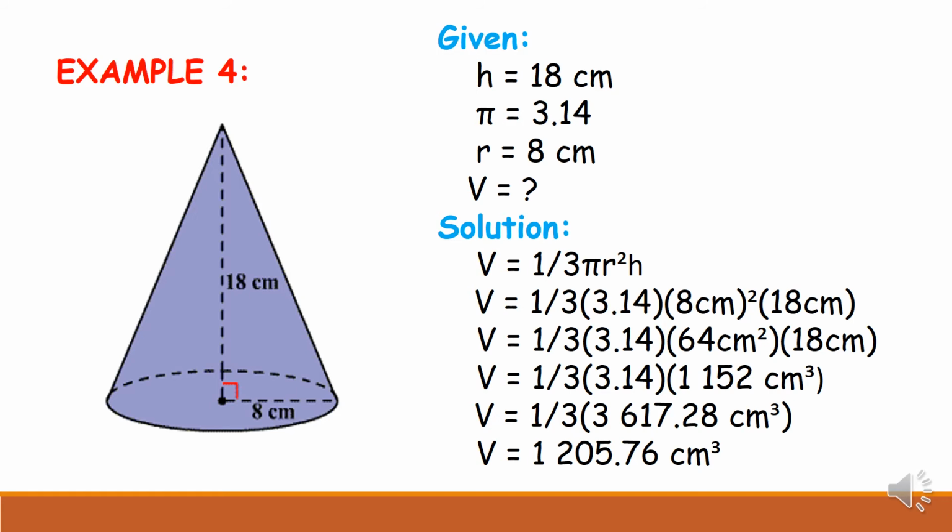So we have volume is equal to 1/3 times 3.1400. 8 centimeters quantity squared is equal to 64 centimeters squared, times 18 centimeters.